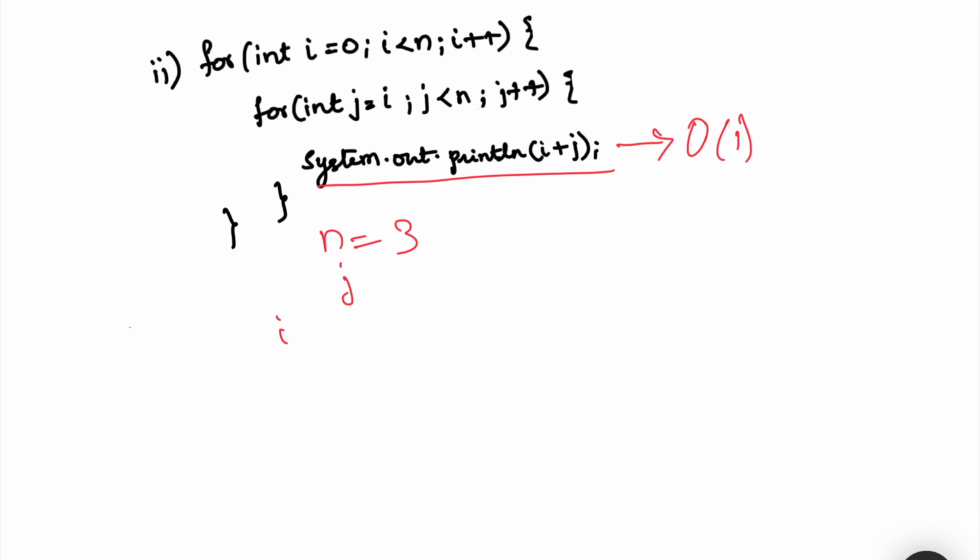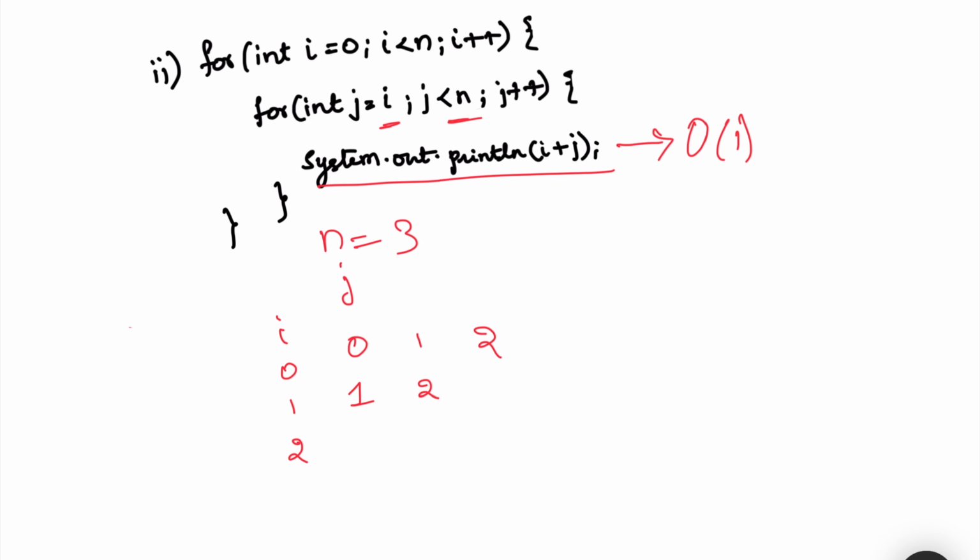For input size 3, the outer for loop will go up to 3, that means 0, 1, 2. When i equals 0, j will start from i and go up to n, that means 0, 1 and 2, right? And when i increments, again j will start from i, that means 1 and 2.